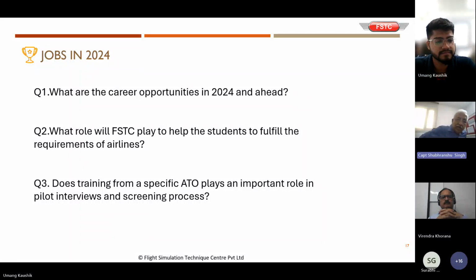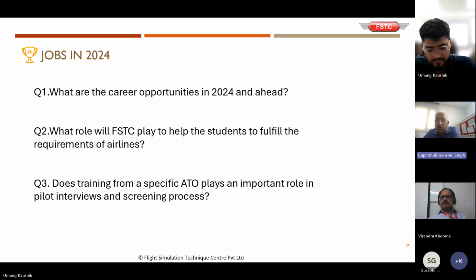Okay, I'll take on this question. Career opportunities in 24. Umang had already told you the number of aircraft which are going to fly in Indian skies, and multiply that with 4 sets of crew, or maybe if we are doing an international, 6 sets of crew. That is the kind of pilots that is required in the future.